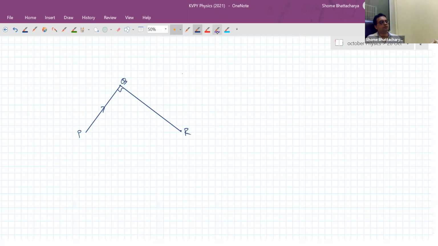Now if I put an imaginary wire here to make it a closed loop, this wire is actually not present, but if I just put an imaginary wire here, then inside this kind of field, the net force should be zero because it's a closed loop.